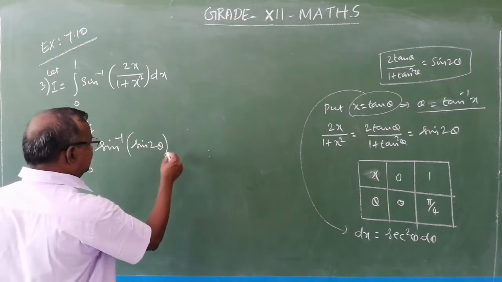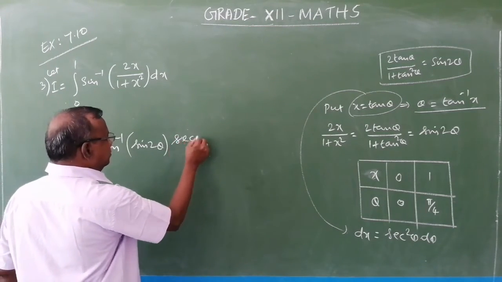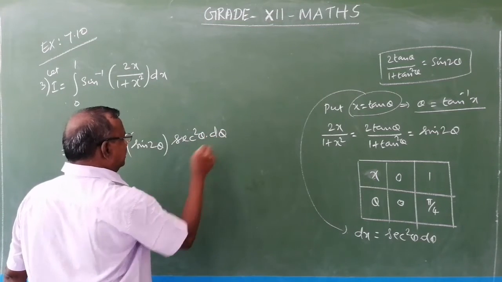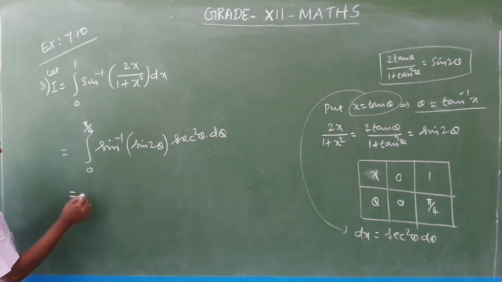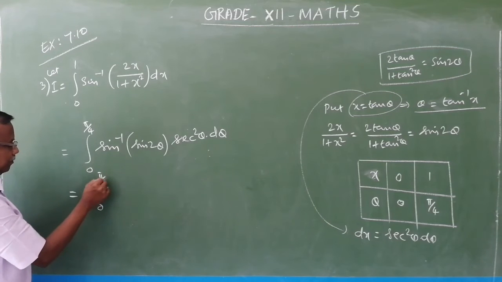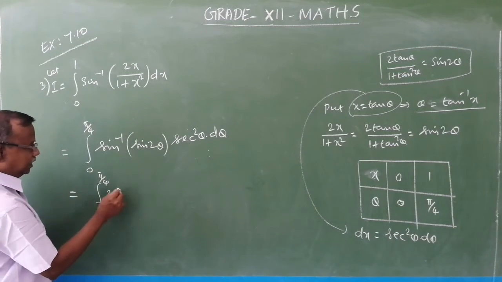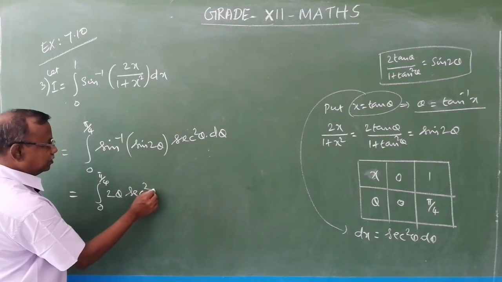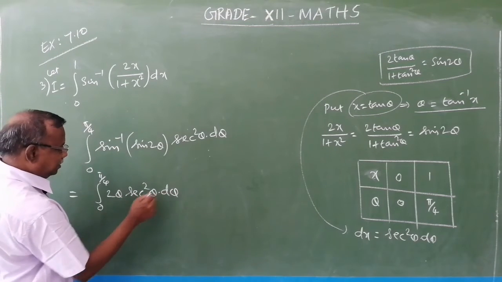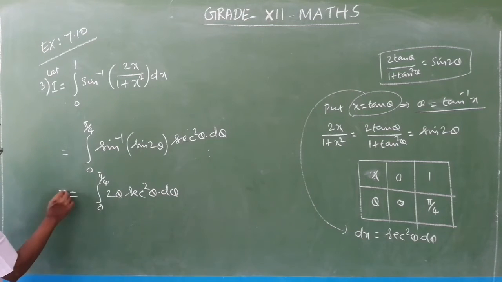So, instead of dx you write secant square theta into d theta. So, this will become 0 to pi by 4, sin inverse of sin 2 theta becomes 2 theta only, 2 theta into secant square theta into d theta. So, this is I.